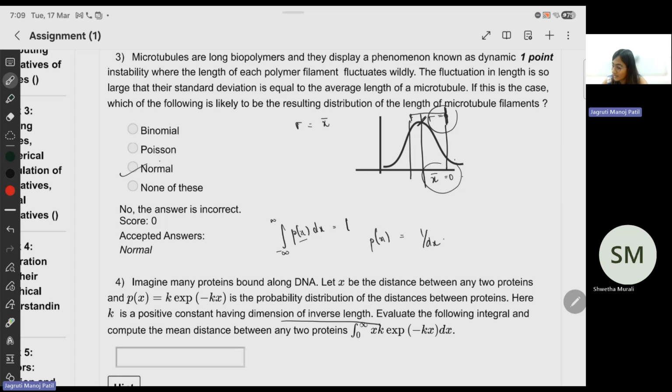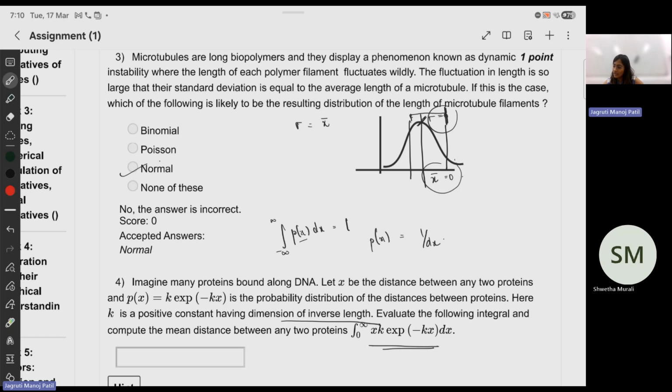Evaluate the following integral and compute the mean distance between any two proteins. Do we need to solve it? Because what they want is a probability, right? And we know from here that this should be finite.